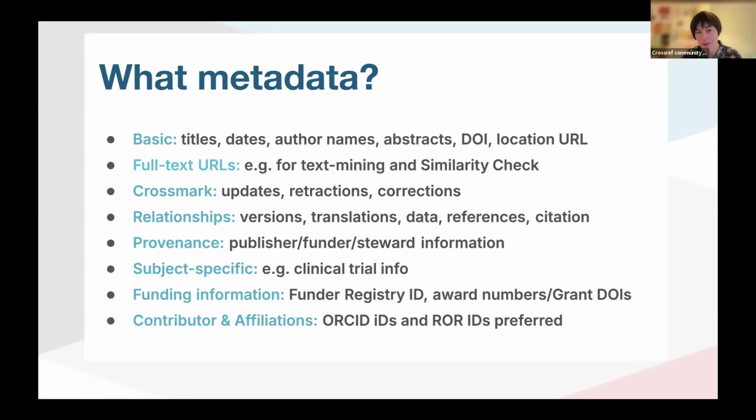And we also encourage you to register the award numbers or the Crossref grant identifiers if they are available. The other things, obviously, are contributor and affiliation identifiers as well. So we encourage the use of ORCIDs and ROR IDs to disambiguate those affiliations and credits.